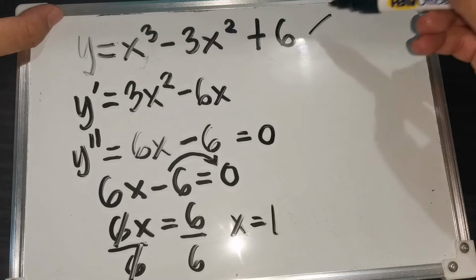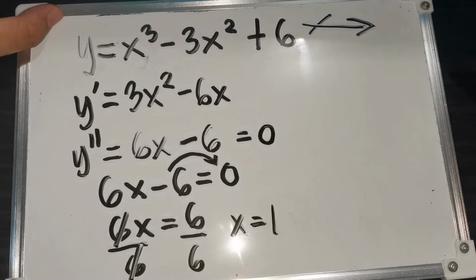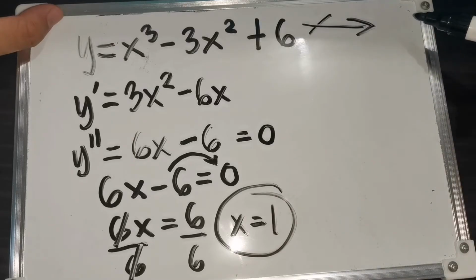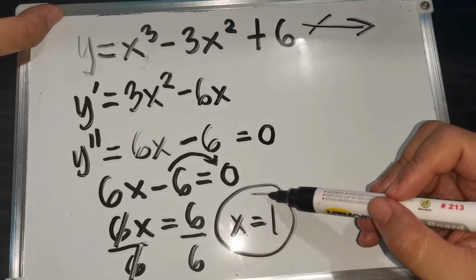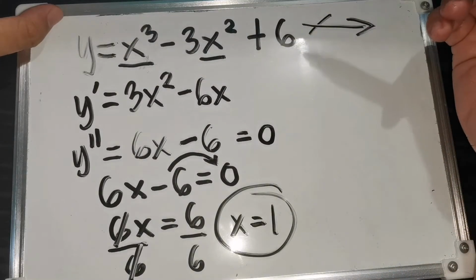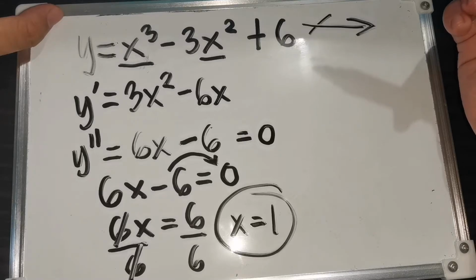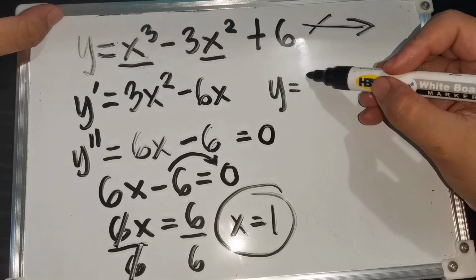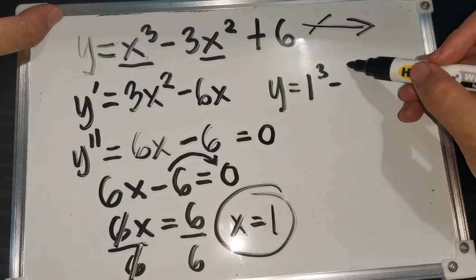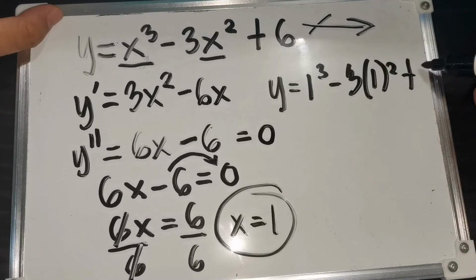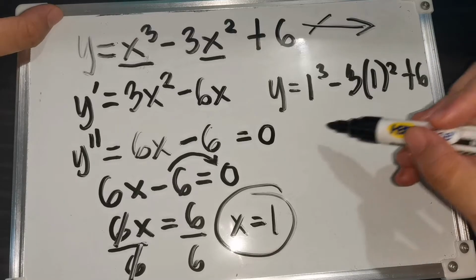Now, going back to your original equation, what will be your y if your x is equal to 1? So let's substitute this 1 to all your x variables in your original equation. So that will be y is equal to 1 cubed minus 3 times 1 squared plus 6. So what will be our resulting value?